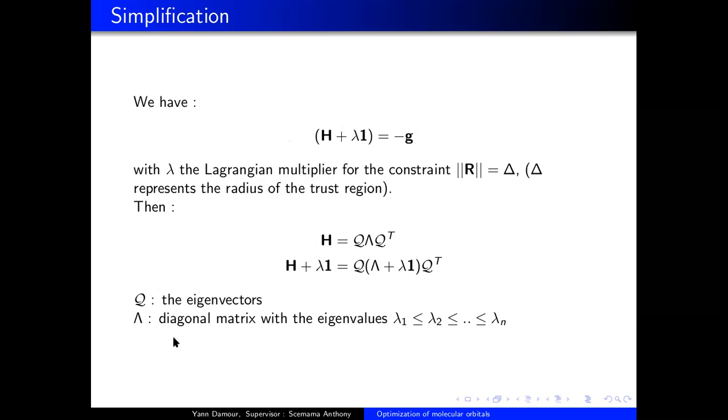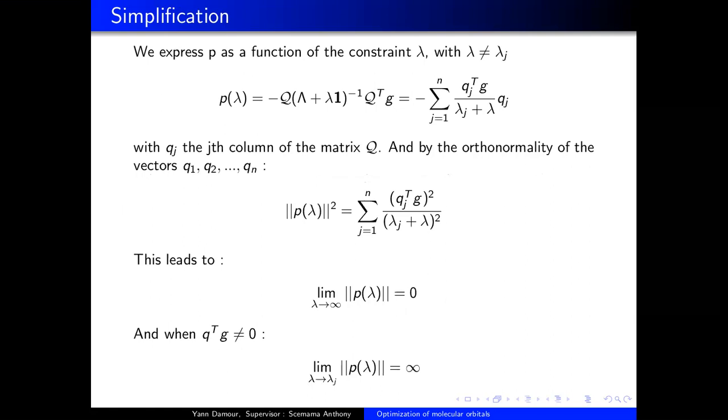We obtain this with lambda 1, 2, 3, 4, and n as the different eigenvalues of the Hessian matrix. And we can express the vector P as a function of one variable, the constraint lambda.